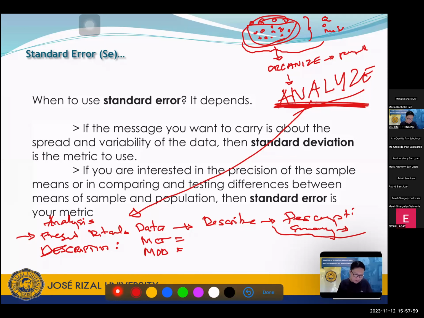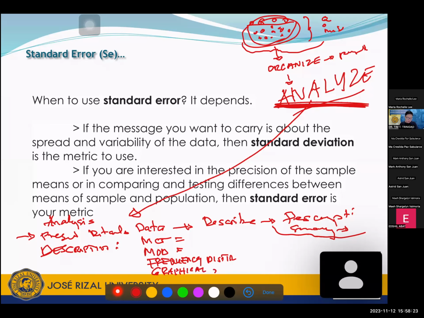What's next? Measures of frequency. You can even present it in terms of frequency distribution. And furthermore, you can even paint the picture of your data by means of graphical presentation. So we are now done with the details of the different measures of central tendency and measures of dispersion.